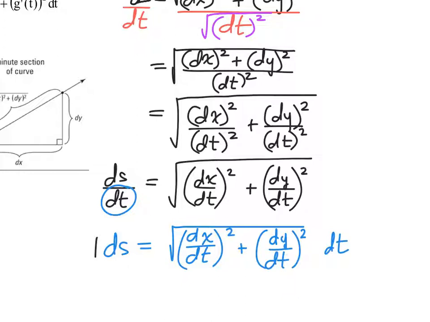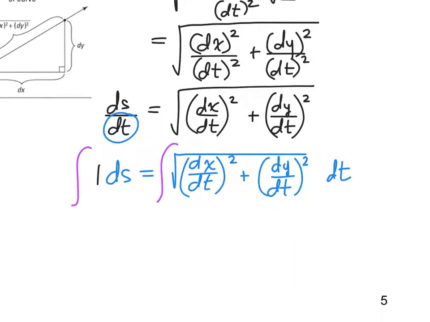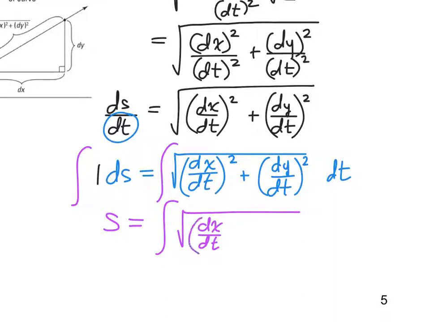I'm just going to put it there so I know what I'm integrating in the next step, because I'm going to take the antiderivative of both sides. The antiderivative of 1 with respect to x would be x, but it's s here, so it's going to be s. And so that's our general or most general rule.